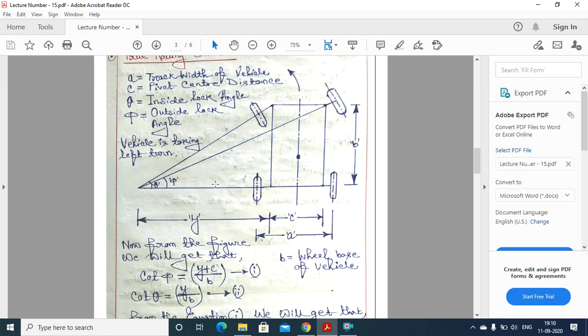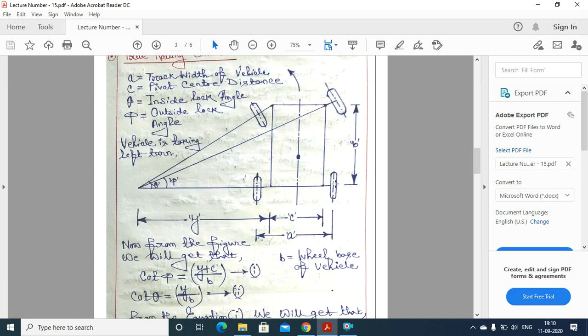Similarly, RRI is the turning radius of the inner rear wheel. You can see this is the distance between the instantaneous center and the rear inner wheel center. This will be the rear inner wheel turning radius.